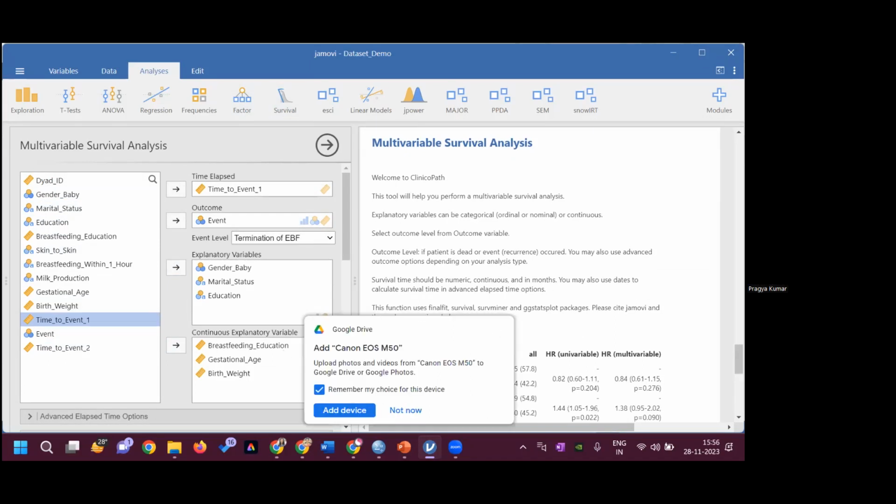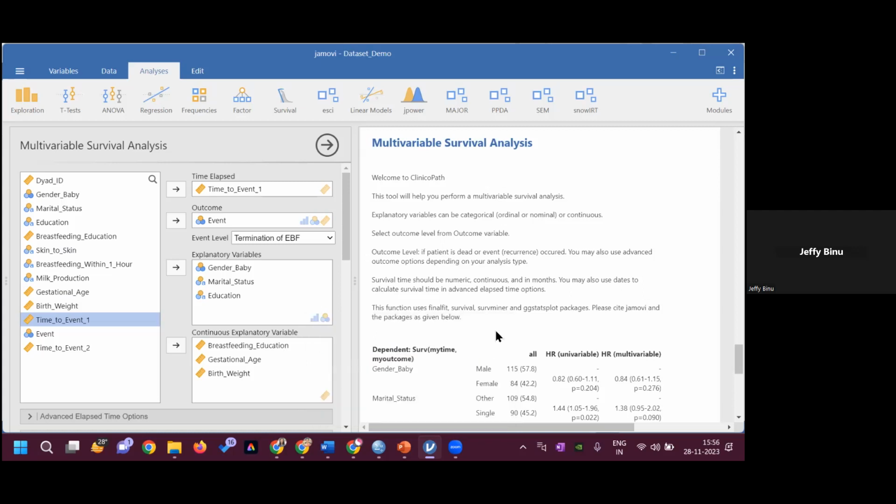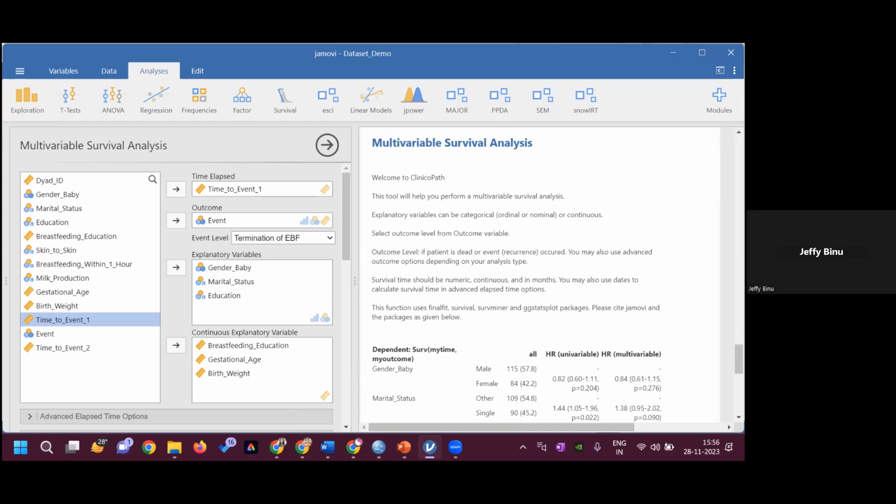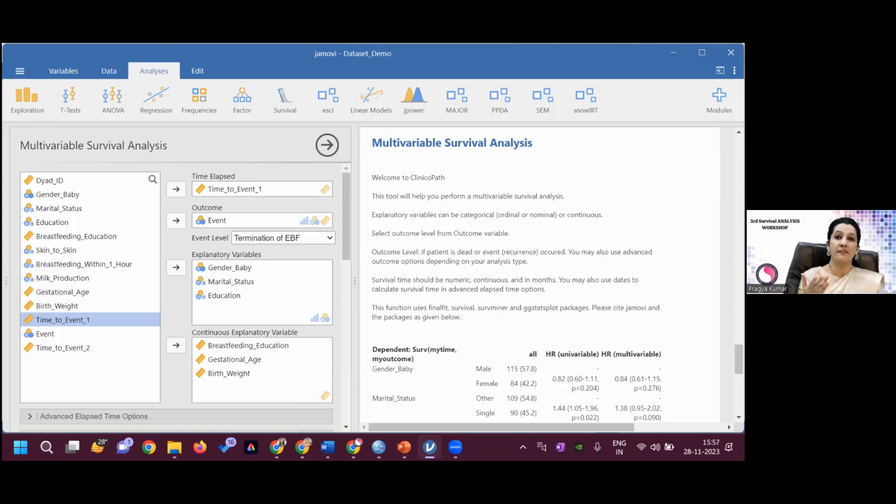Madam, one doubt. In logistic regression, we mentioned that if the correlation value is greater than or equal to 0.8, we will consider it as multicollinearity. Is that the same assumption here also? Yeah, it is the same. Ideally, for multicollinearity, VIF and tolerance are the better estimate.